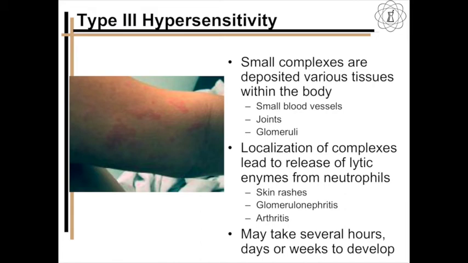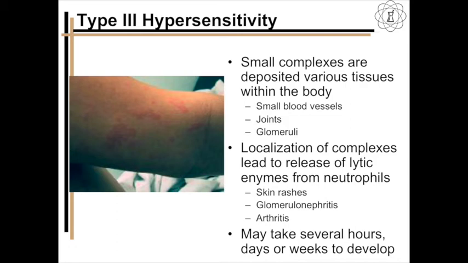So now all of a sudden you've got a complex sitting in a tight space, and the complex itself is an immune-based complex. So what's going to happen? We're going to have neutrophils get activated. The white cells are going to move there. We're going to release all of these toxic complement and histamine and things like that. But right now they're stuck in one spot, so it doesn't move.